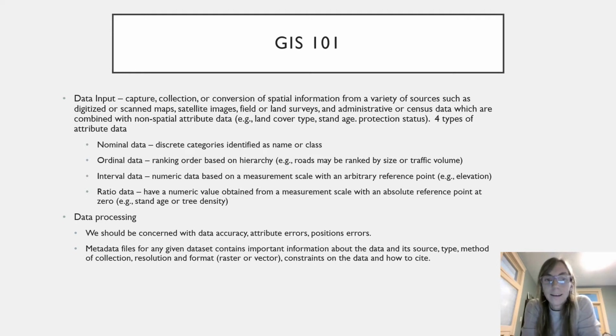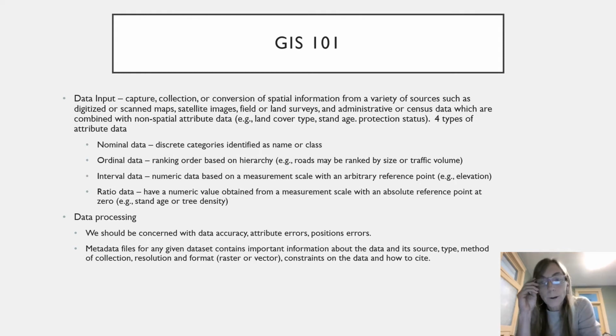Interval data can be numeric data based on a measurement scale with an arbitrary reference point, such as elevation, whereas ratio data is when we have numeric data that's obtained from a measurement scale with an absolute point of reference.